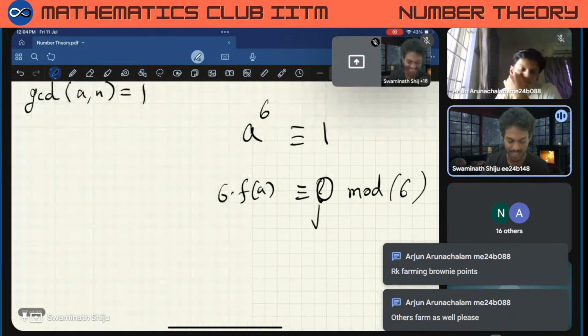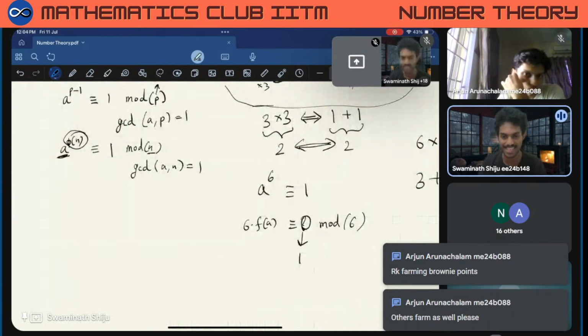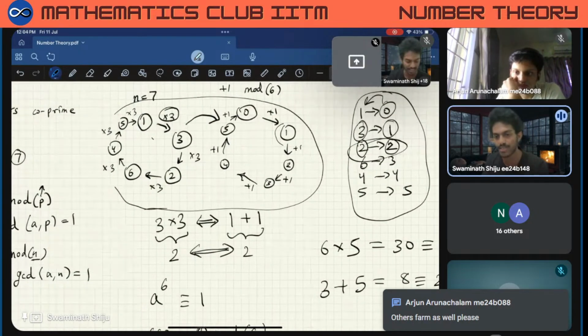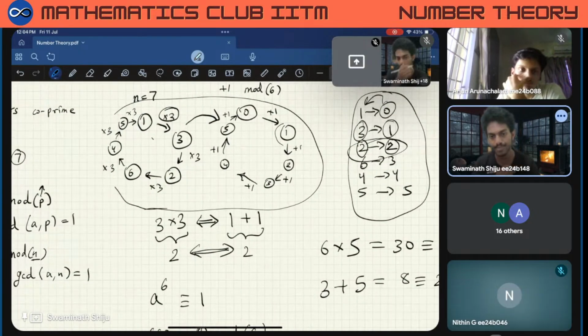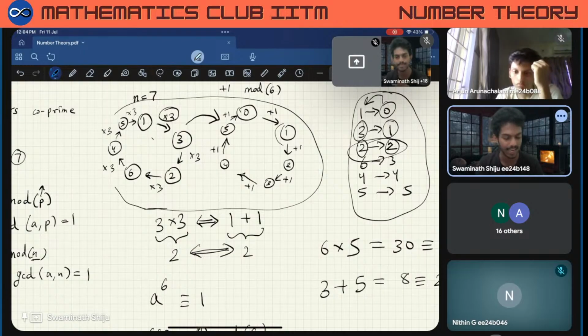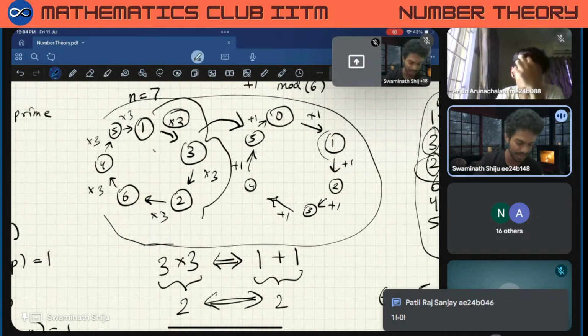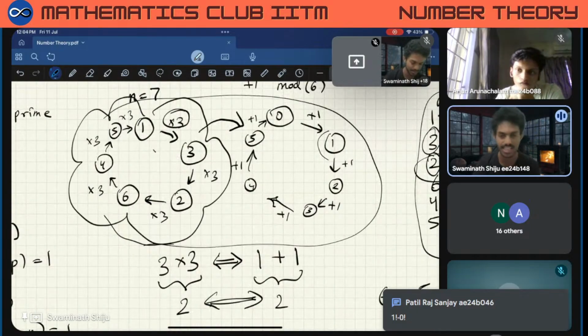So with this somewhat sketchy argument, you can see an intuition for why it becomes 1. It forms a cycle. What you're doing when you multiply with 3 is you go around 6 times and you eventually reach back here.